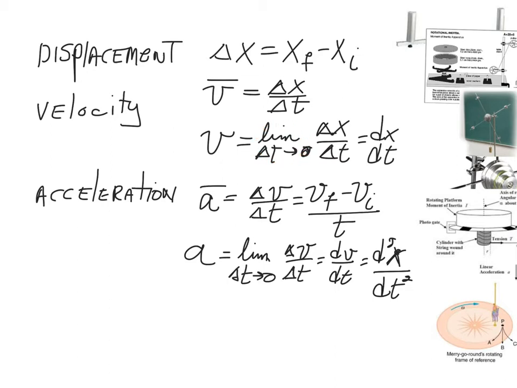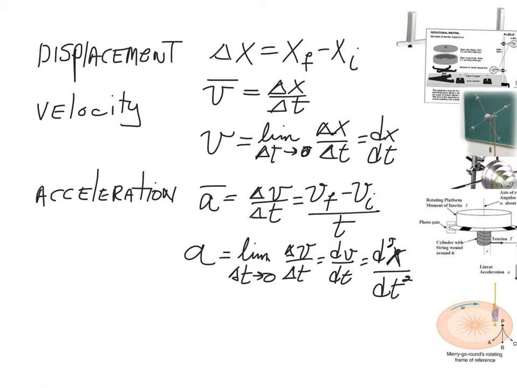And mathematically, it's possible to have that infinitely small. That's calculus. That's the concept of calculus. And so the definition in a one-dimensional problem of instantaneous velocity is the derivative of x with respect to time. That's what the derivative means. It's an infinitesimal ratio of two quantities.